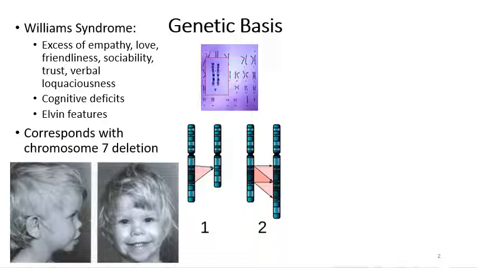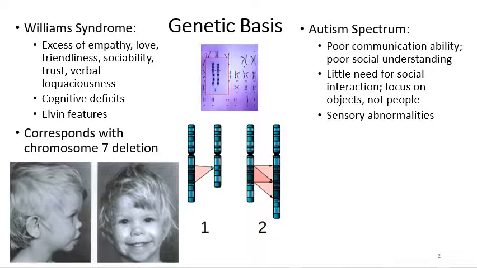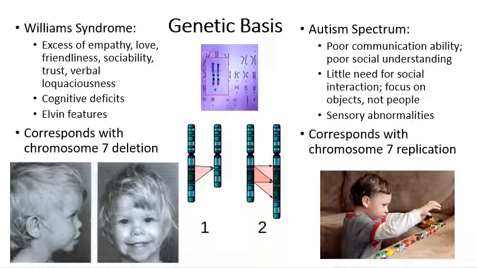But if we have an additional repetition at chromosome 7, we have another condition. We have autism spectrum disorder. We have a child with poor communication ability, poor social understanding. So these things that our Williams syndrome child is so very good at, better than any of us are, are deficient in a child with autism spectrum. This child has little need for social interaction and tends to be focused on objects, not people.